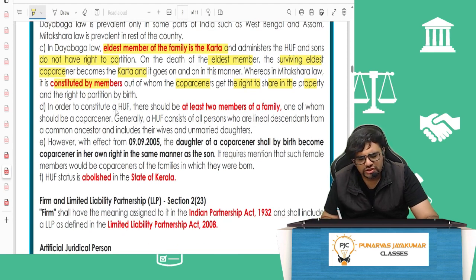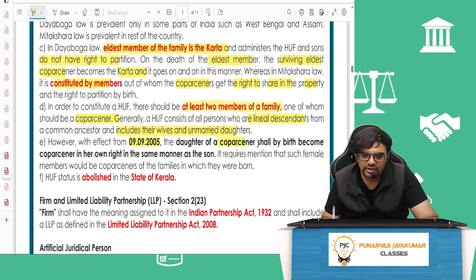In order to constitute a HUF, there must be at least two people, one of whom shall be a coparcener, and the other will be a Karta. Generally, HUF consists of all people, lineal ascendants and descendants, with a common ancestor, including wives, unmarried daughters, etc. Earlier, it only used to be male members, but there were many case laws and a landmark judgment in 2005.